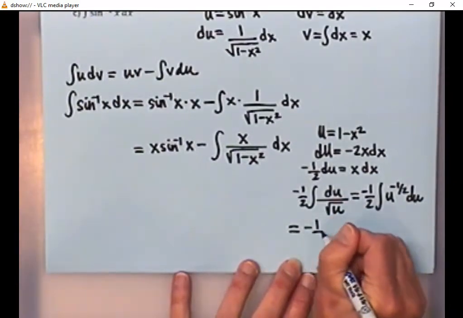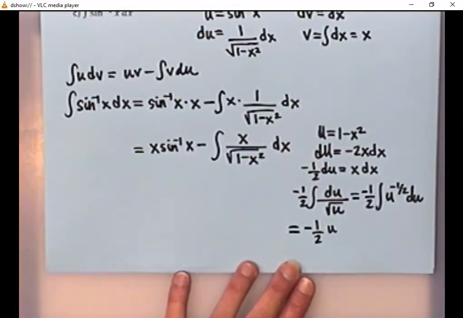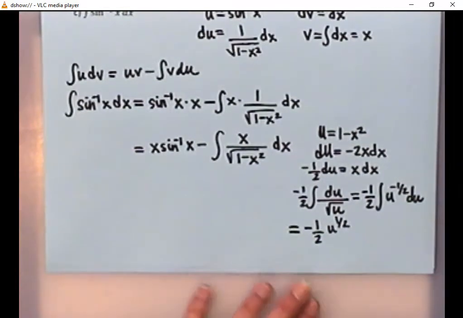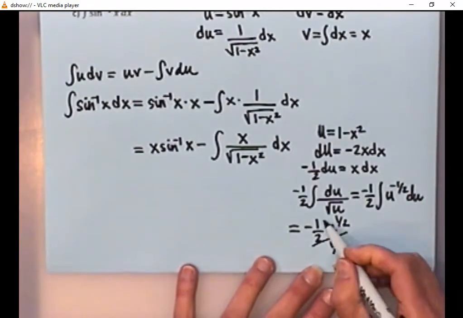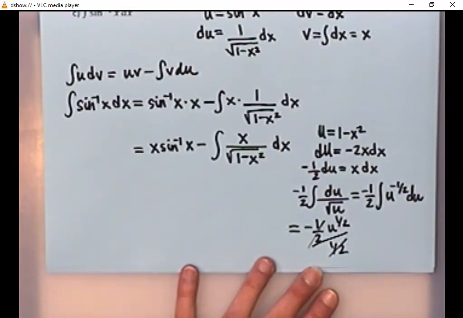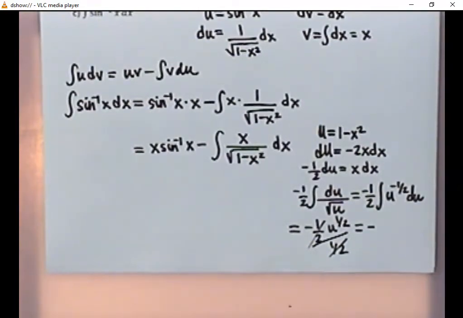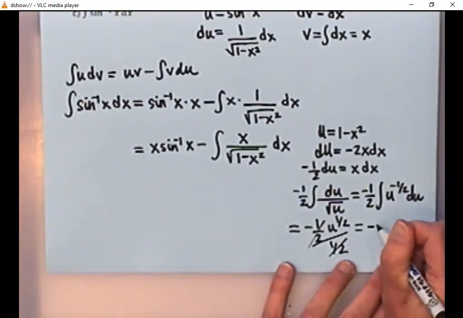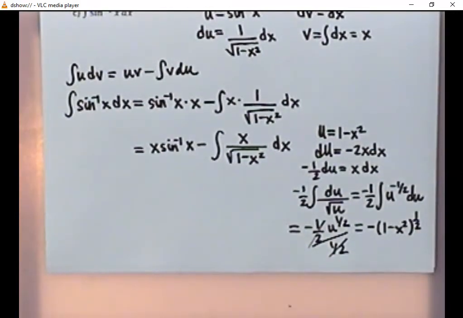So that should give me negative 1/2 u to the, what will the new power be? 1/2, right? Positive 1/2 if you add 1, and then you'll have to divide by 1/2, which will cancel those out. So I basically get negative u to the 1/2. So that's negative 1 minus x squared to the 1/2.